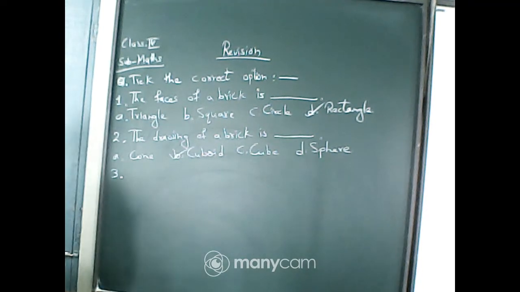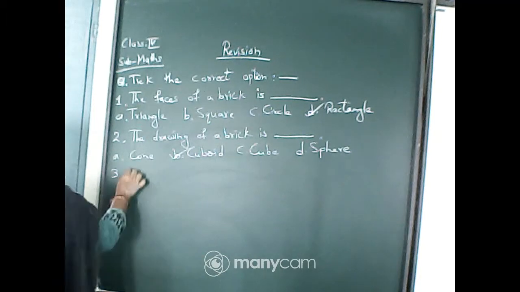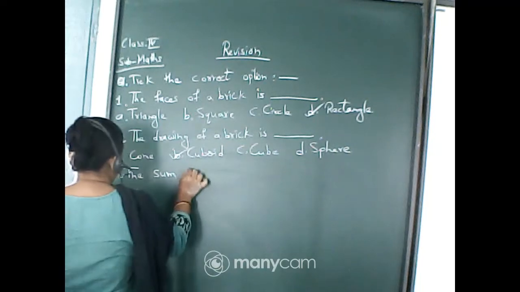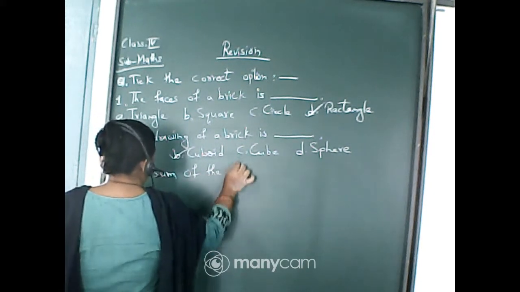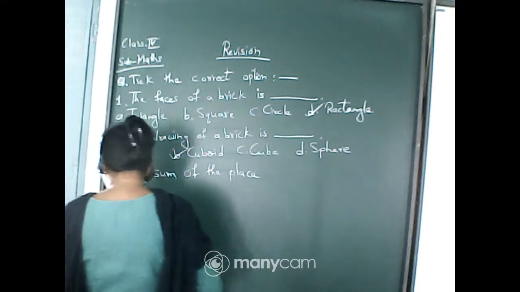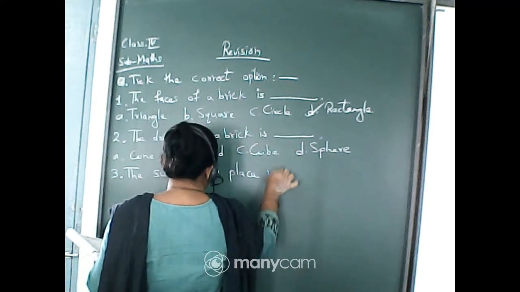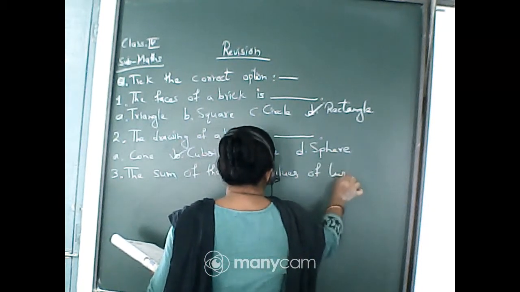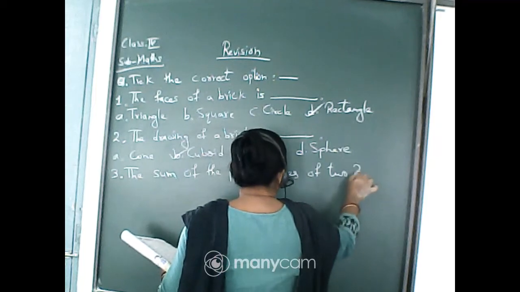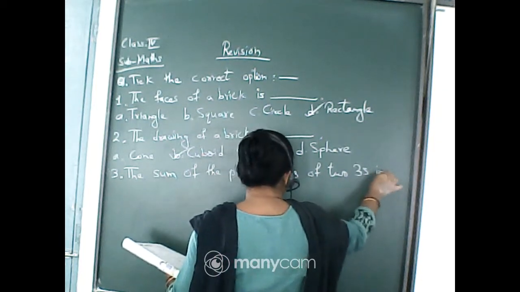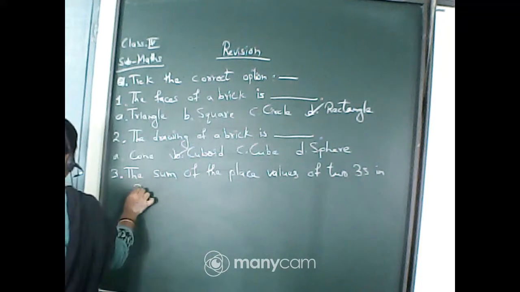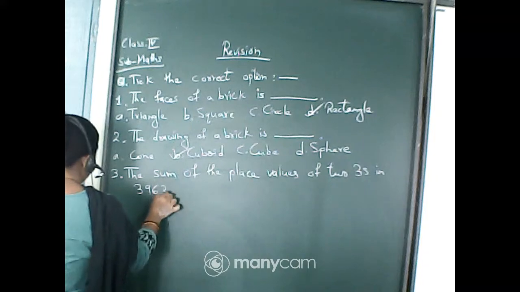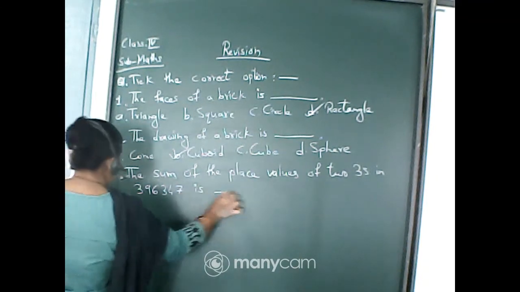Now third question. The sum of the place values of two threes is dash.